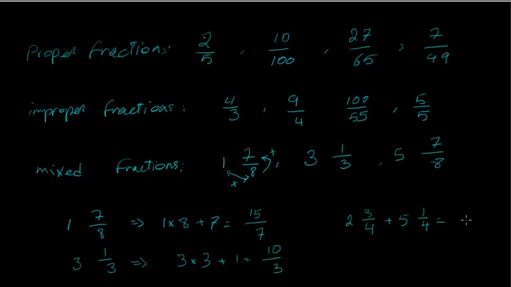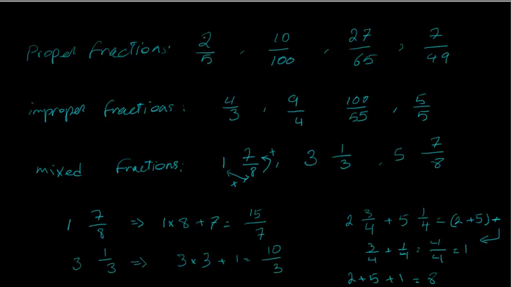First we add the whole numbers together, then I'm going to write it down, then we add the fractions: 3/4 plus 1/4 is 4/4, equal to 1. So the result is 2 plus 5 plus 1, which is 8.